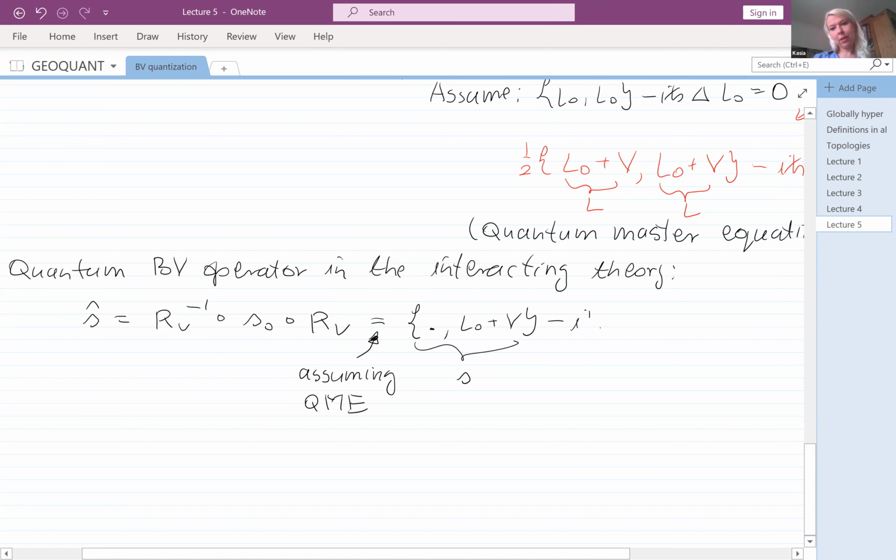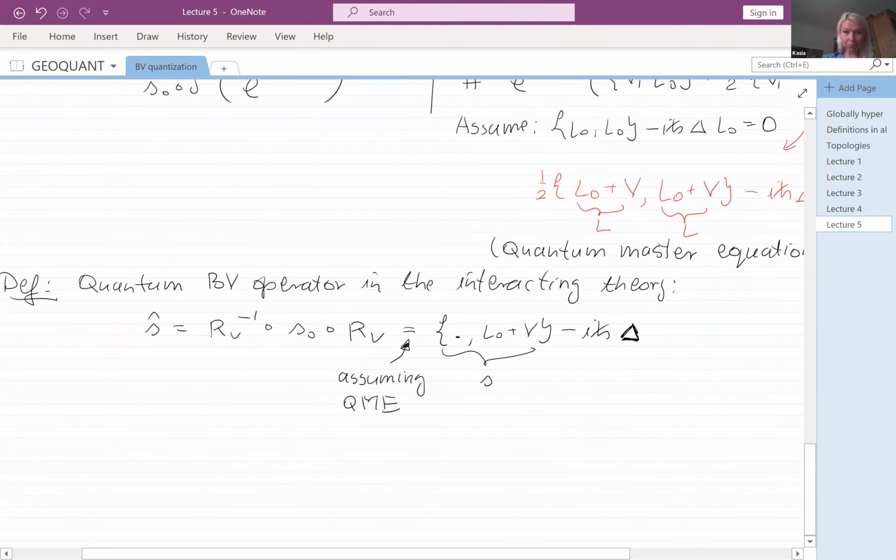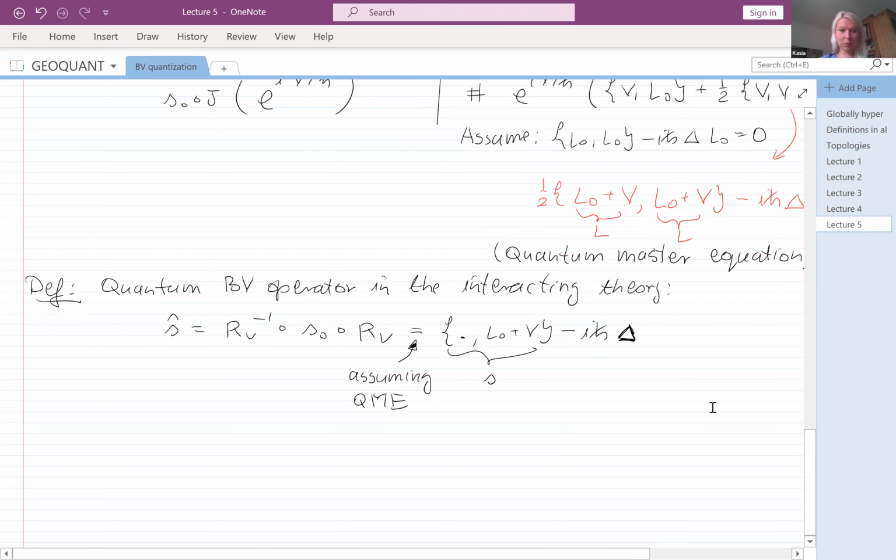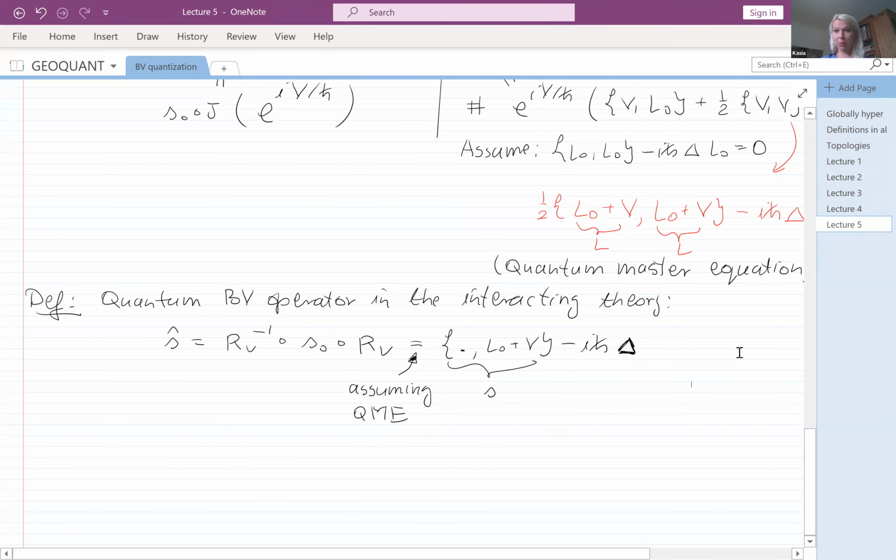And we have this quantum correction given in terms of the BV Laplacian. And that's it. Both the BV Laplacian and the bracket are local, so this is also local. So I defined the quantum BV operator. The nilpotency is clear by the definition. The only thing that is not clear is the locality, which actually needs this quantum master equation.